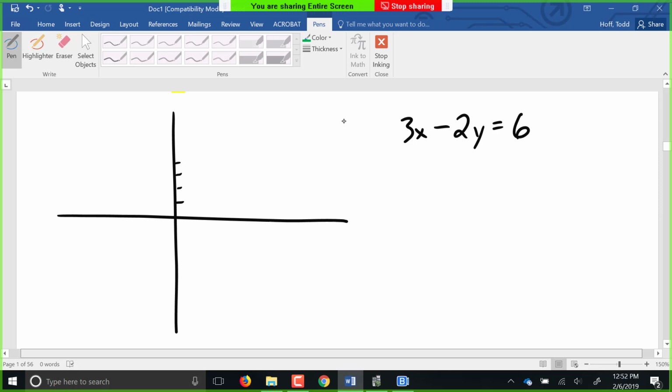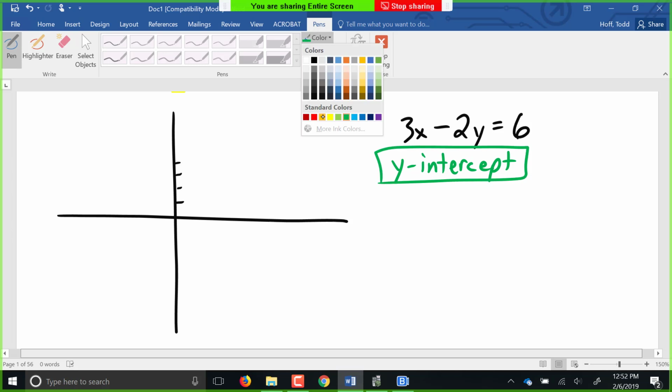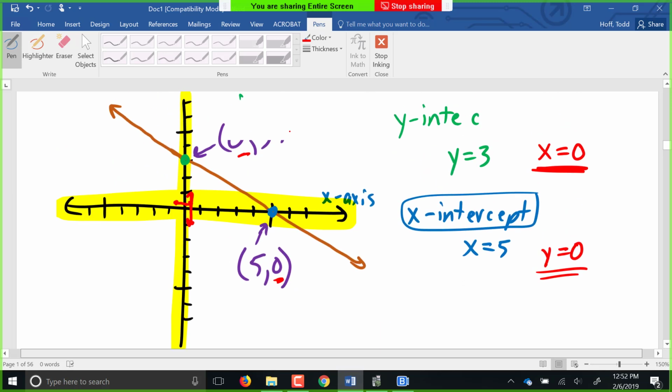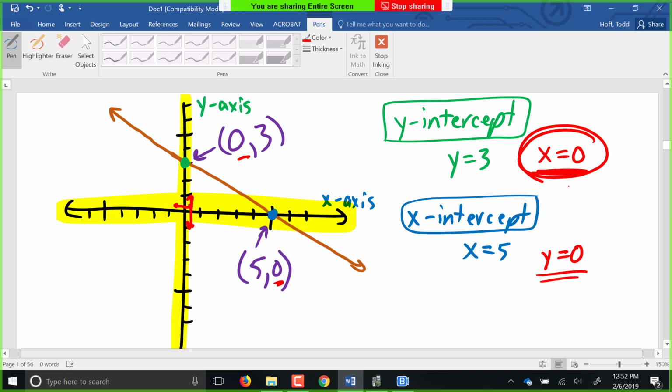If I want to graph this equation, now notice it looks very different than those simple ones we were graphing earlier. But I can graph it by using those intercepts. If I want to find the y-intercept, I know that the y-intercept always occurs when x equals 0.